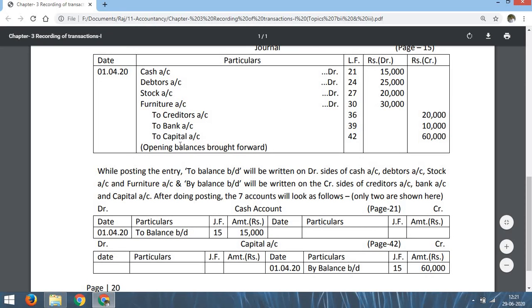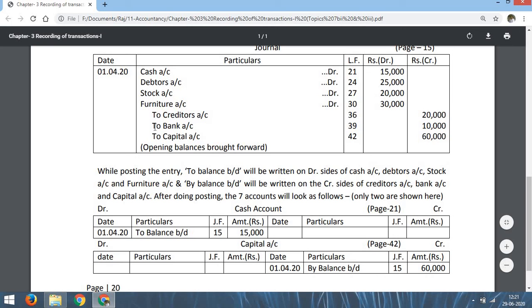But in these 3 accounts we have to write on the credit side as "By balance b/d". I have shown only 1 account, that is capital account. See here, on 1 April 20 we have to write "By balance b/d" rupees 60,000. So I have shown 1 debit account and 1 credit account.